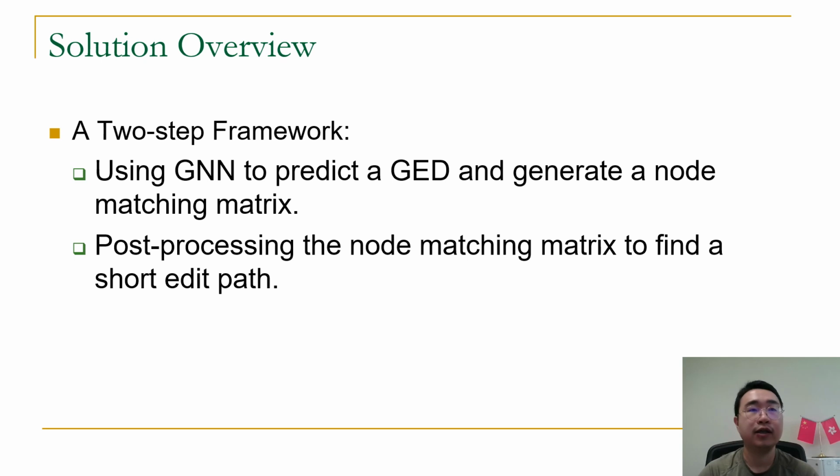First, a GNN-based model is used to simultaneously predict the GED value and a node matching matrix. Second, a post-processing algorithm based on the k-best matching algorithm is used to derive k possible node matchings from the matching matrix generated by our model. The best one will finally result in a high-quality edit path.